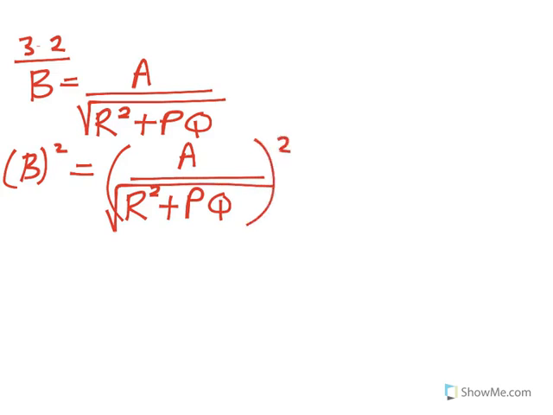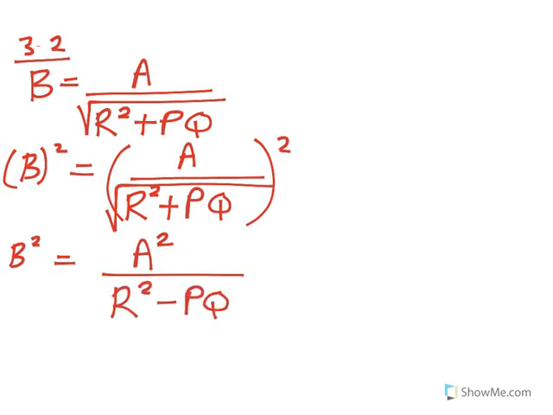Now when you square like that, each one will be affected. The numerator, which is A, will be affected separately, and the denominator, which is the bottom, will be affected separately. So you're going to have B squared is equal to A squared over R squared plus PQ.